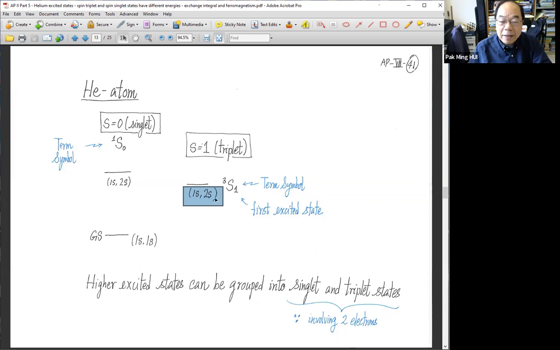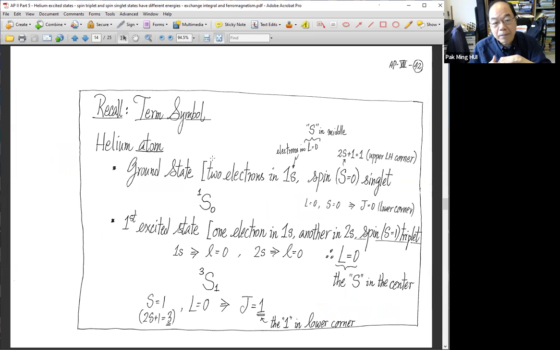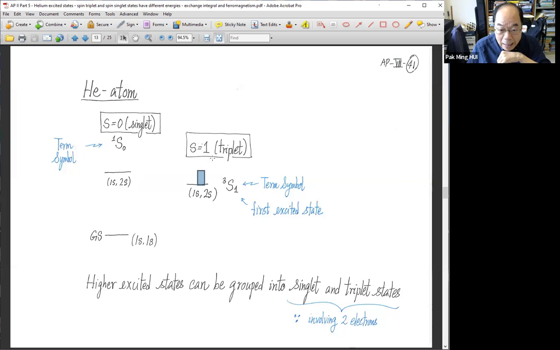2s. Next, we would like to find out what is governing this difference. What is the most important physical effect, but in a mathematical form, that leads to this difference? Here I used some term symbol.